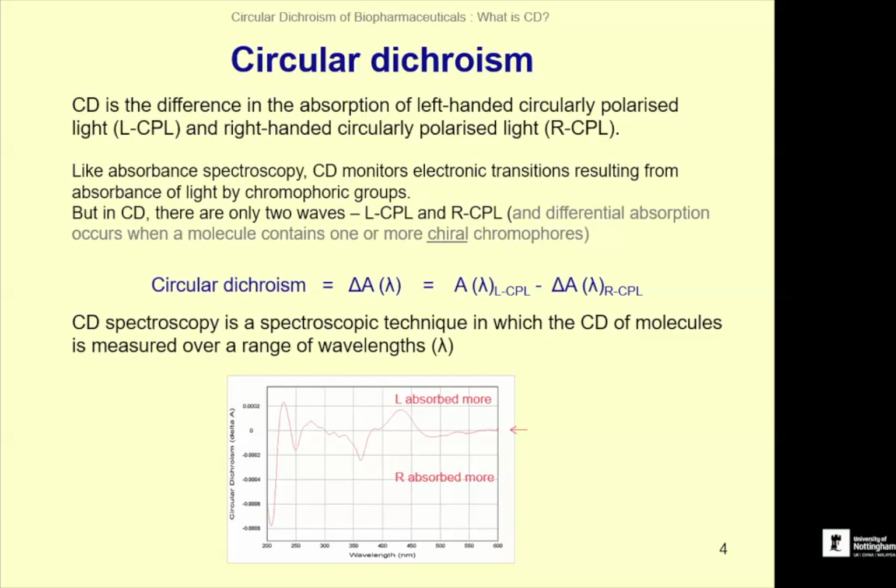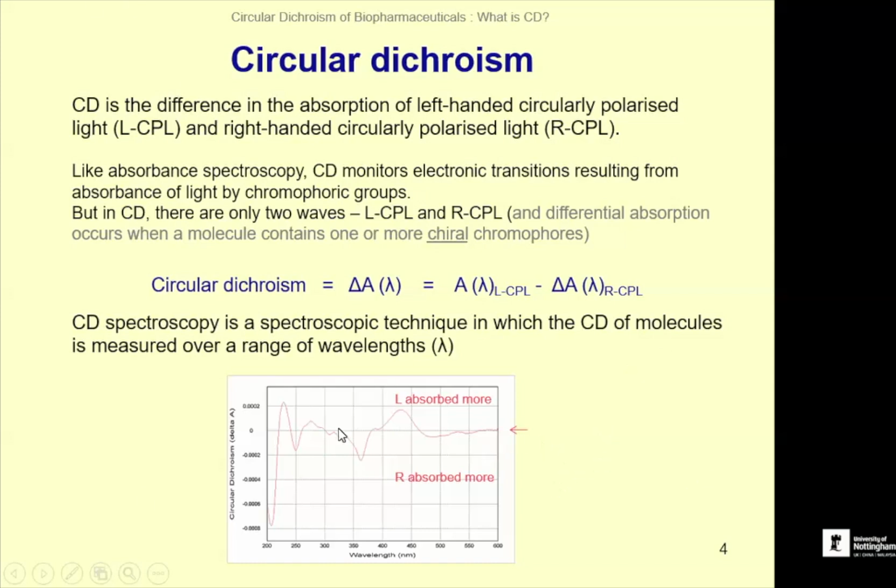So when you put a biological molecule, let's say protein for the sake of an example, in the path of 2 circularly polarized light beams, if it's a chiral molecule, it is likely to absorb preferentially either the left-handed or the right-handed at different wavelengths, ranges, which I'll show you in a moment.